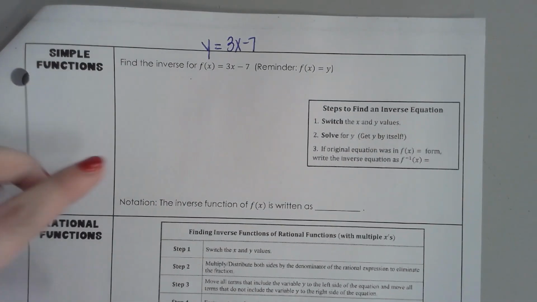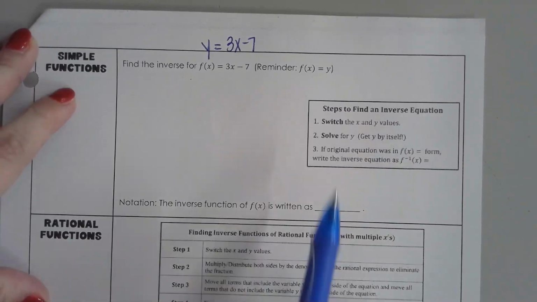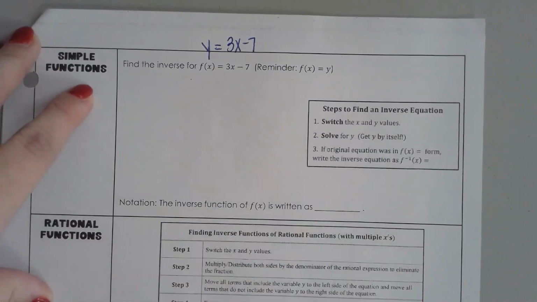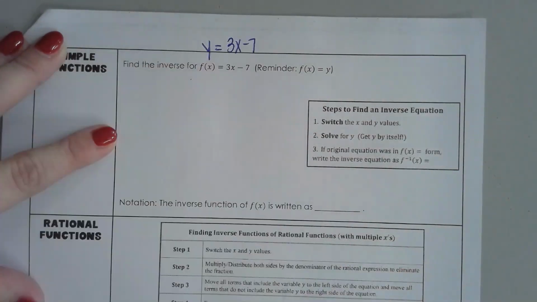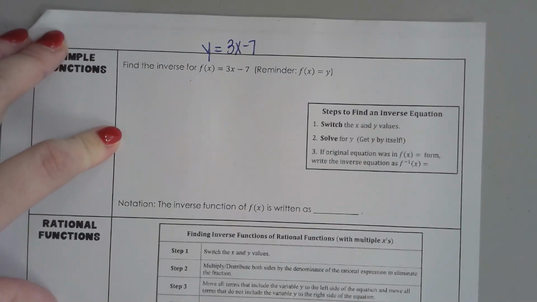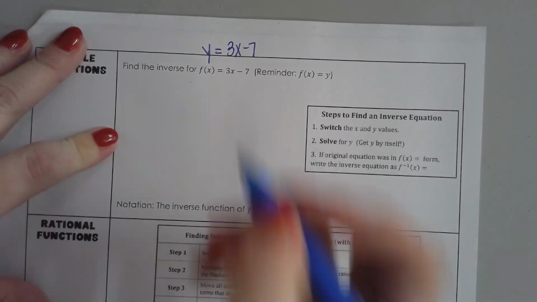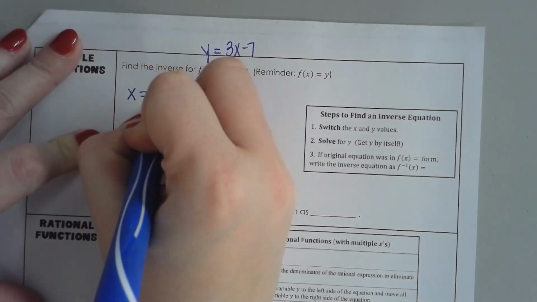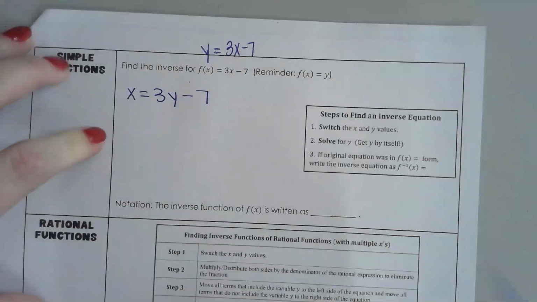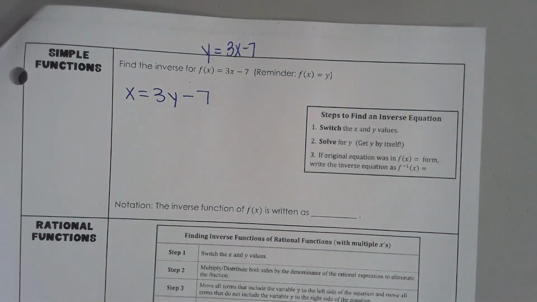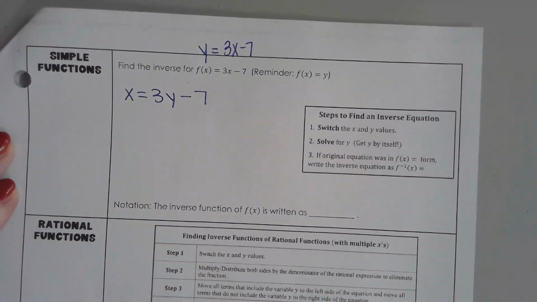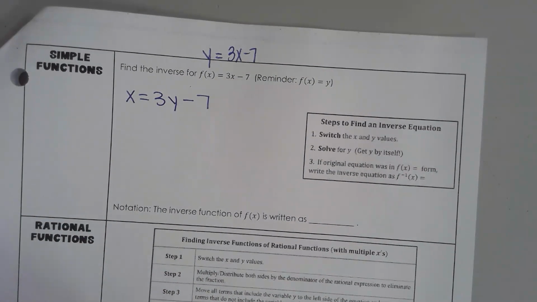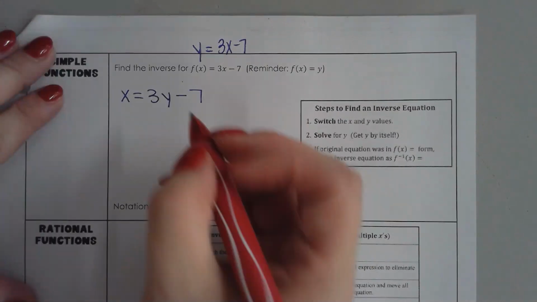What we did in Algebra 2 is we started by switching the x and the y. So I'm going to rewrite this equation with the x and the y reversed, because in inverse functions, your x's and y's are flipped. So I'm going to rewrite it as x = 3y - 7. And then I'm going to solve that to get y by itself.